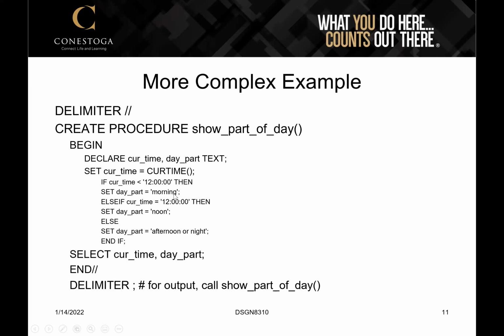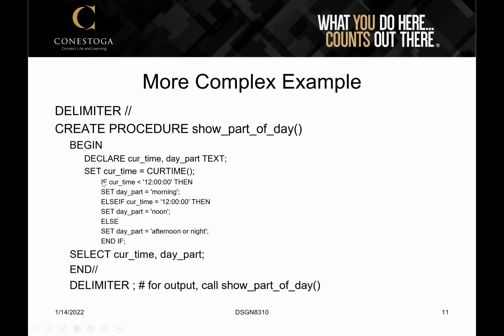And we know before 12 noon, it is AM time. Else, if our current time is equal to 12, then set day part to noon. Else, the remaining time is after 12, so anything after 12 will be afternoon or night.